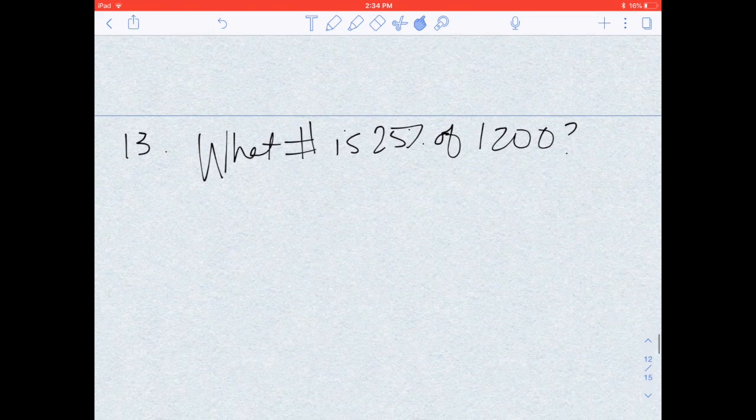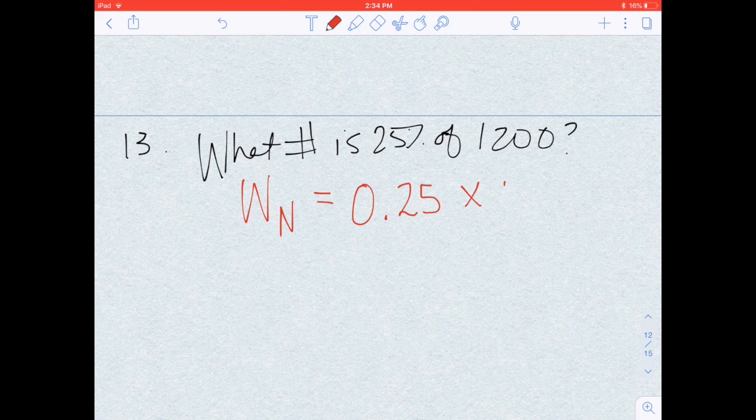Number 13. What number is 25% of 1200? I write this as W N is equals 25%. I'm going to put it in decimal form, 0.25 of multiply 1200. And now all I have to do is solve. So, let's see.